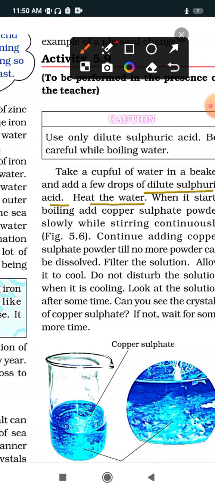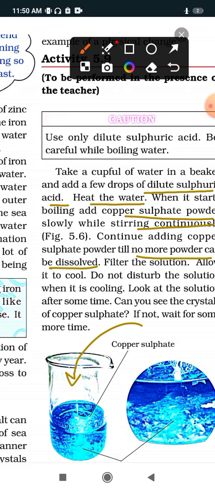When it starts boiling, add copper sulfate powder and stir continuously. Continue adding copper sulfate till no more powder can be dissolved.